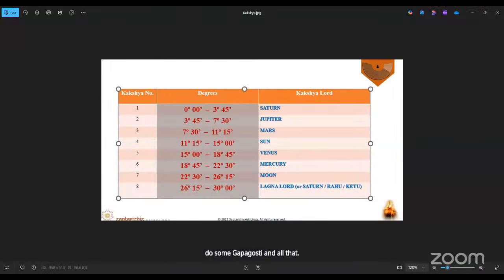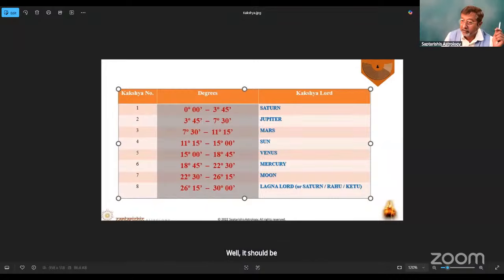I hope this session is not too technical. Otherwise, we can do some gappa goshti and all that. I'm told if you speak against Donald Trump at the airport during immigration when you land in New York, they'll detain you or something like that.